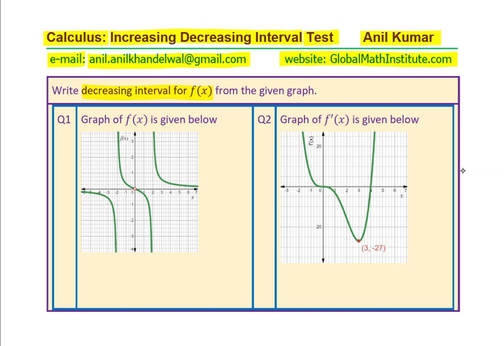This is not f of x. The derivative graph is given, right? So the first one is the graph of the function. Straightforward solution. However, this is the graph of the derivative. And from that you have to find the decreasing interval, right? So I hope it is clear now.